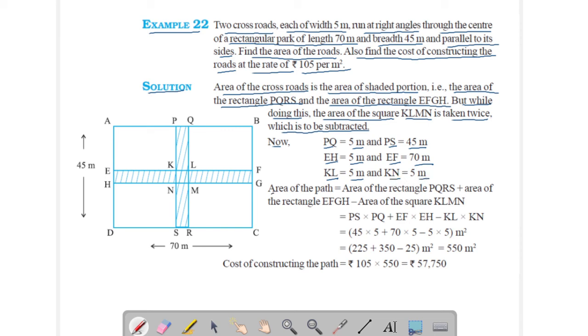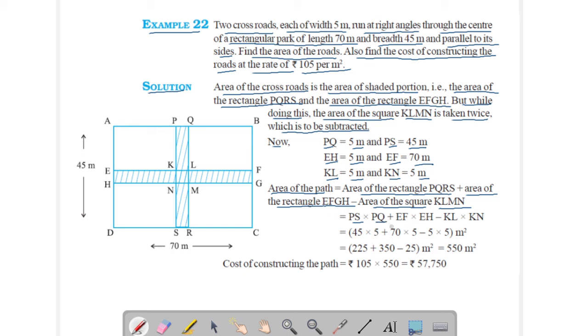Therefore, area of path equals area of rectangle PQRS plus area of rectangle EFGH minus area of square KLMN. What is the area of rectangle PQRS? It is length into breadth. And what is length? Length is PS into breadth, it is PQ, plus area of rectangle EFGH.